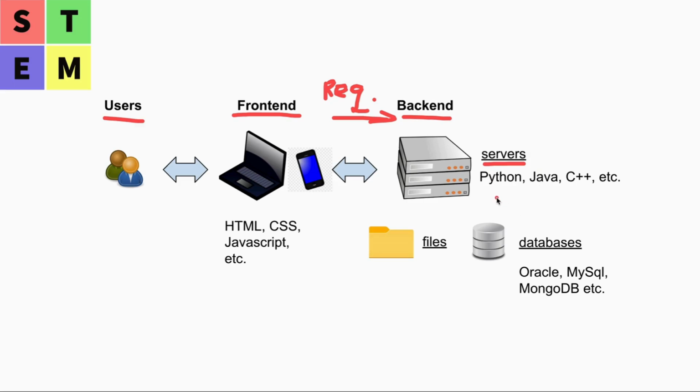By using those logics, it can grab some information from the databases or from the file folders and then pass the information back to the front end, so that the front end can display it to the users. Now we're going to talk about some technologies for the front end and for the backend.